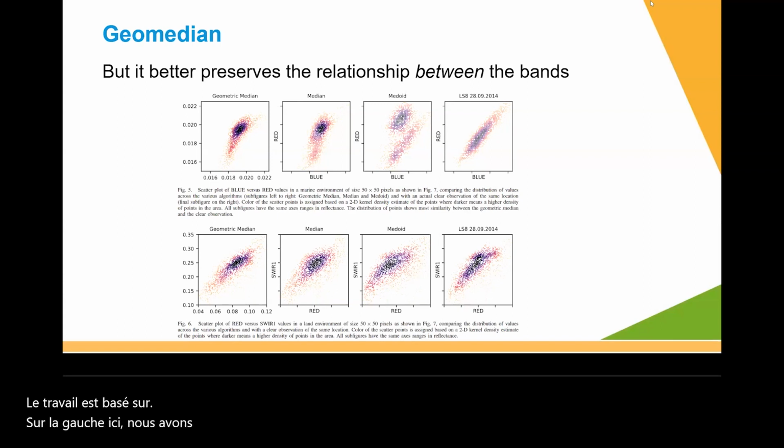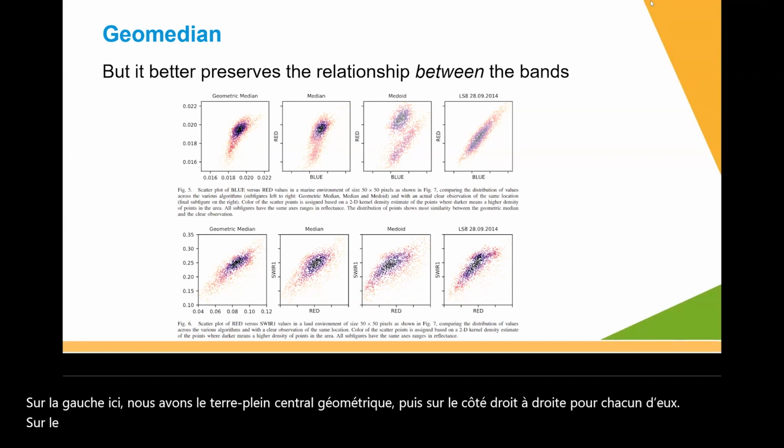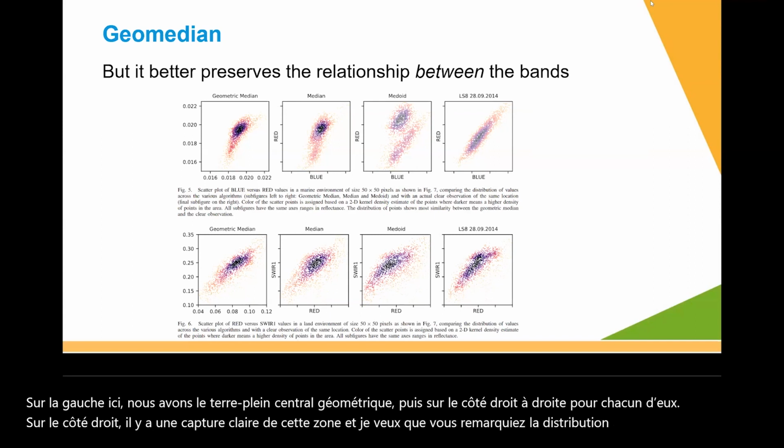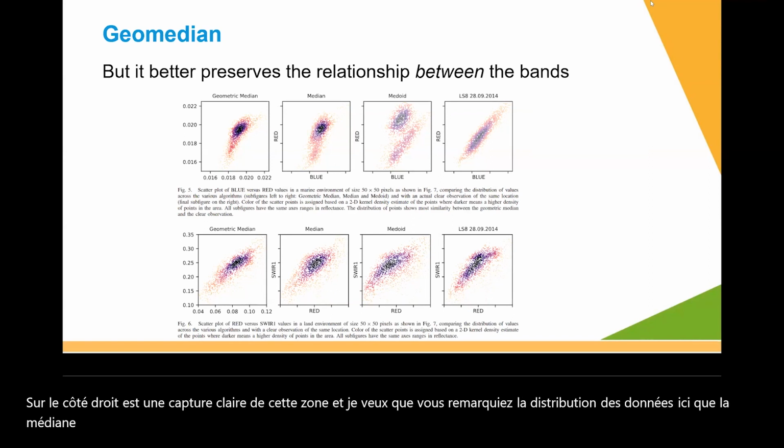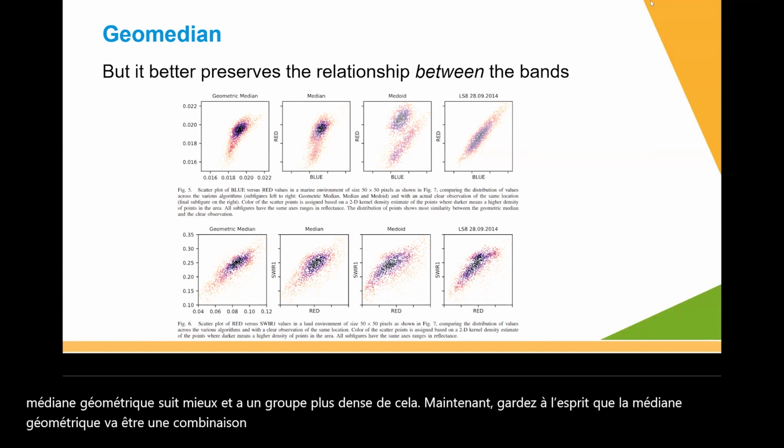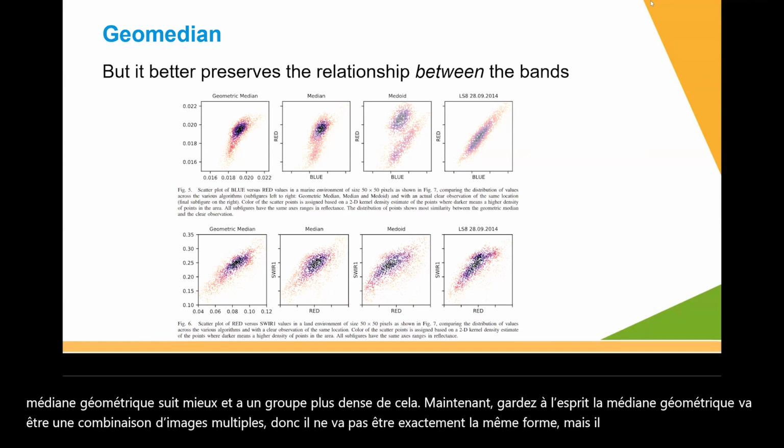And then on the right-hand side, for each one of these, is a clear capture of that area. And I want you to notice the distribution of the data here, that the geometric median better follows and has a more dense cluster. Now, keep in mind, the geometric median is going to be a combination of multiple images, so it's not going to be the exact same shape, but it is more closely following a clear capture.